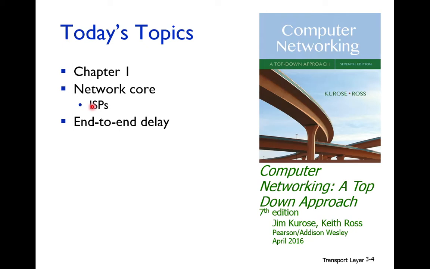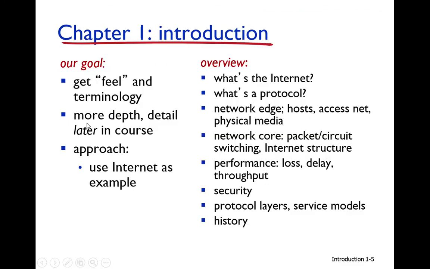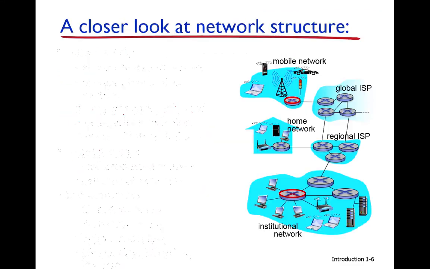More specifically, we are going to discuss ISPs, internet service providers, and how the ISPs are interconnected with each other, and then we will discuss end-to-end delay. So this is the overview of chapter number 1.